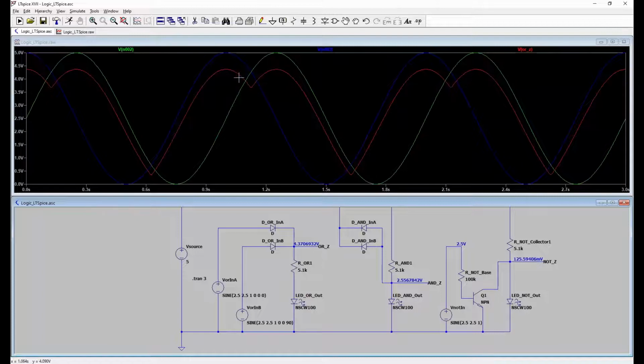This little dip in the middle is problematic, possibly, but basically it works.